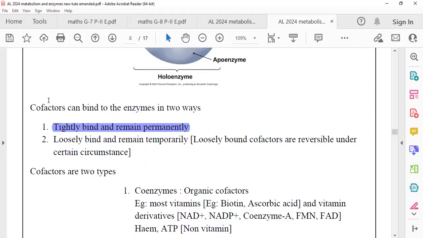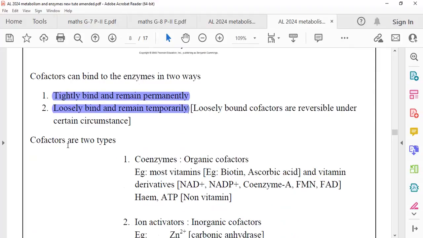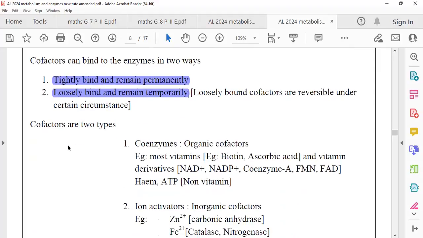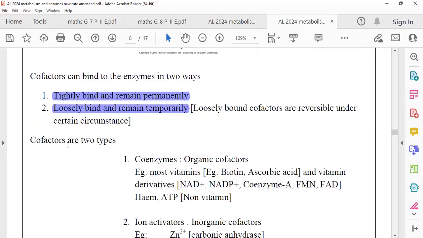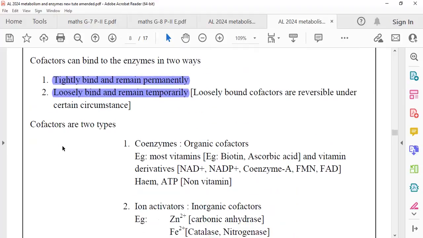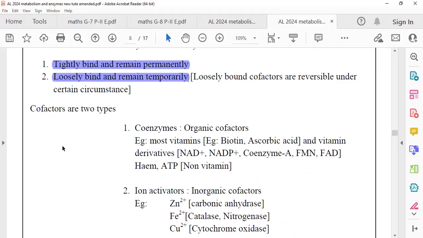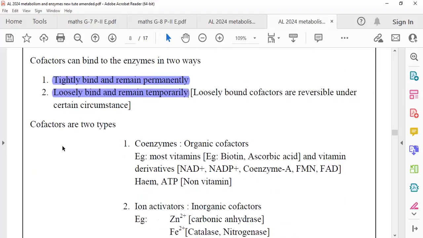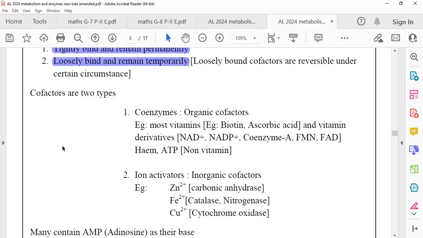Some of them bind to the enzyme loosely and remain temporarily. Are you clear? Yes, sir. Some of them are lifetime, they will be with the enzyme. Some of them will attach and detach. Understood? Yes, sir.